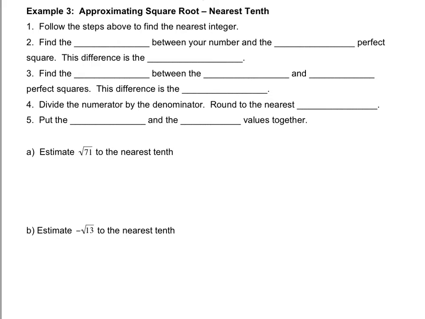So now we're going to talk about approximating square roots to the nearest tenths. We're going to follow the steps above to find the nearest integer. Then we're going to find the difference between our number and the lower perfect square. This difference is going to be our numerator.